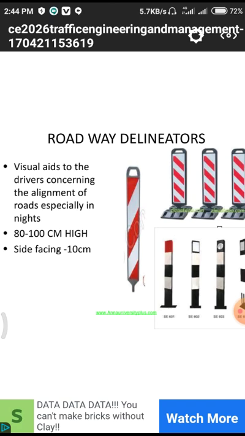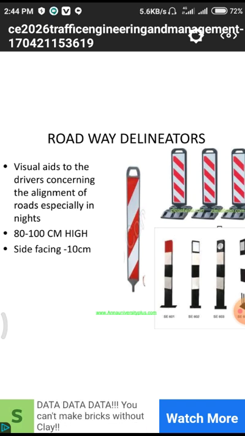They are visual aids to the drivers concerning the alignment of the road, especially at night. At night there is no proper lighting facility, so the driver has poor visibility of the road.